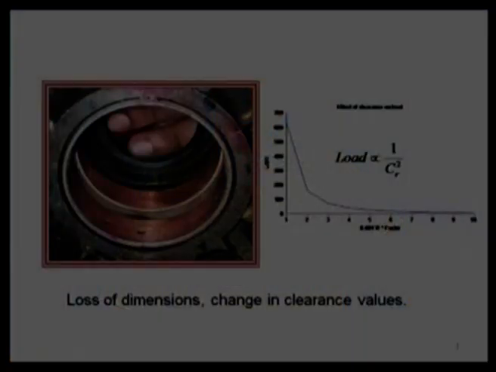Just to elaborate that, we can refer to this curve. When the clearance is equal to 0.001 R, the load carrying capacity is somewhat 625 Newton. As the clearance increases 2 times, the load carrying capacity comes down to 150 Newton.